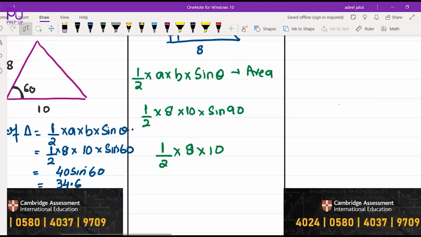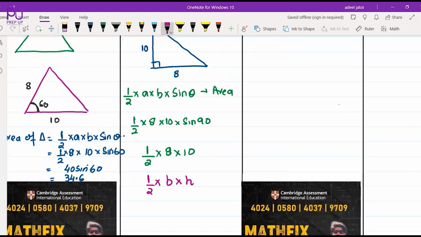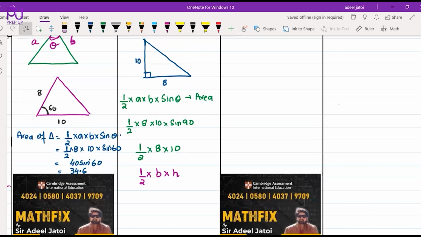This represents the triangle area, half into base into height. So the answer to this particular question will be 40, because 8 into 10 is 80, and 80 divided by 2 becomes 40. But remember, for a right angle triangle you can easily use half into base into height, because the angle is 90 and sine 90 is always equal to 1.